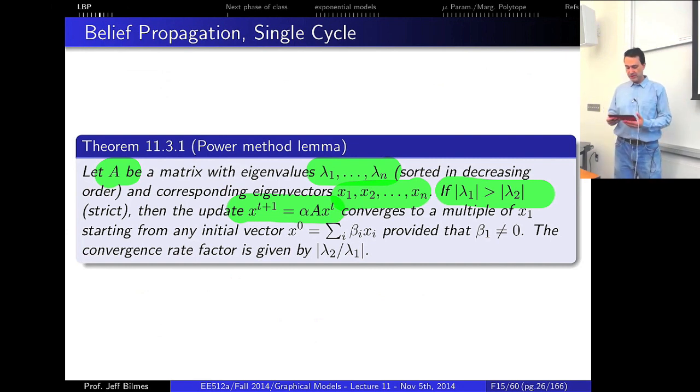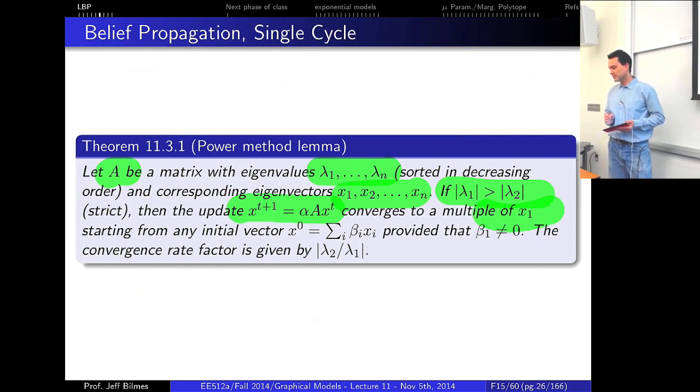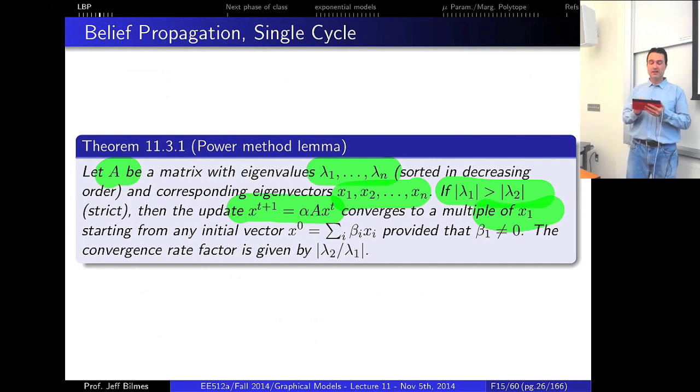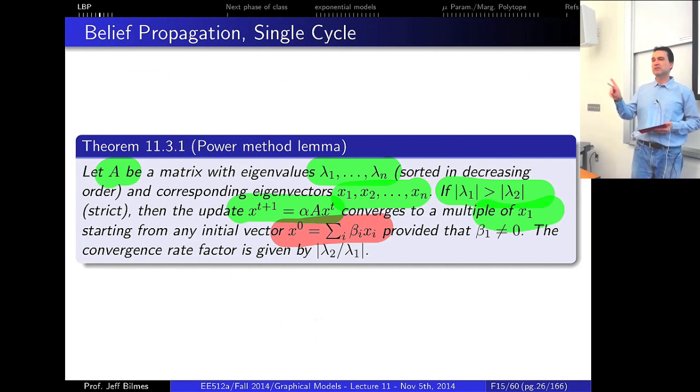So when you repeatedly do this update, we keep hitting the dynamic by this matrix, A squared, A cubed, and so on. What that converges to is a multiple of x1, the eigenvector corresponding to the largest eigenvalue, if you initialize to be some linear combination of the eigenvectors, and as long as that first eigenvector has some representation.